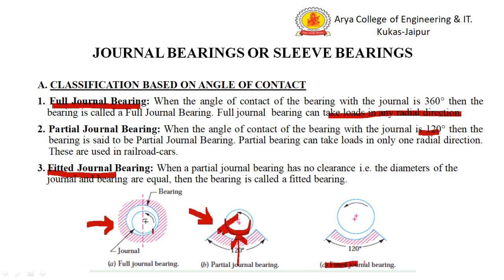But in a fitted journal bearing, the size of the journal and the size of the bearing is the same, so there is no clearance.